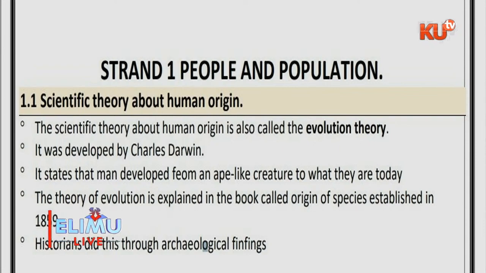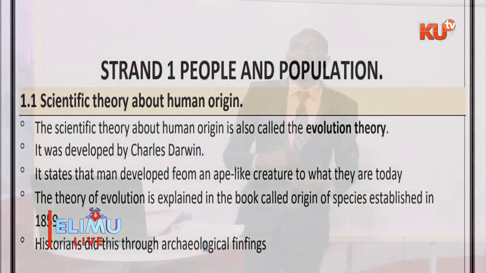And we have said that this scientific theory is called evolution, and it was developed by a scientist called Charles Darwin. The theory was established in 1859, and after he studied this theory, he recorded it in a book called Origin of Species.